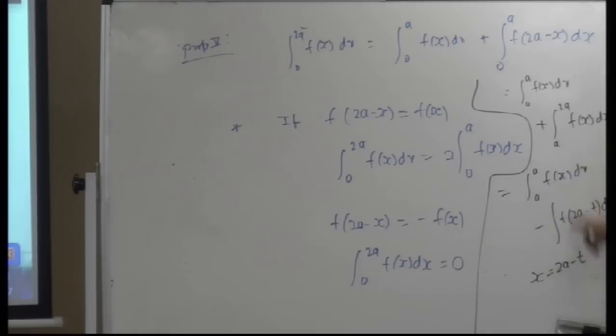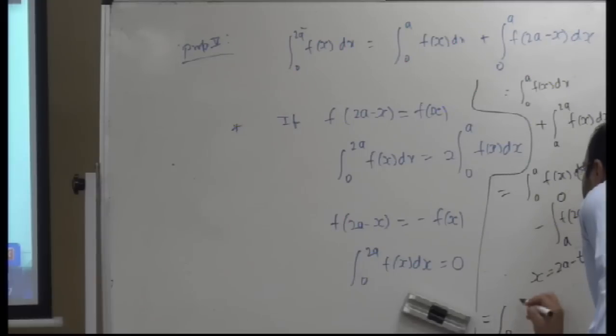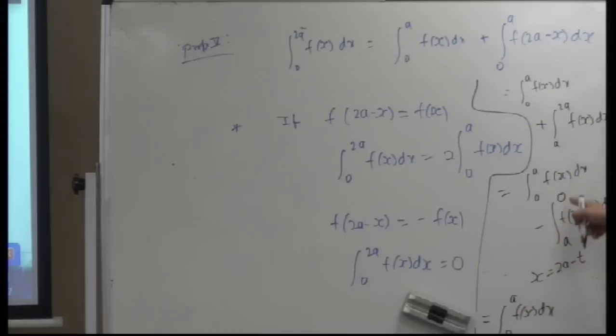When x equal to a, t would become a again, and when x equal to 2a, t would become 0. So this would become 0 to a f(x) dx, and this again is a to 0. So you can do one thing by property 2, plus 0 to a f of 2a minus t dt.